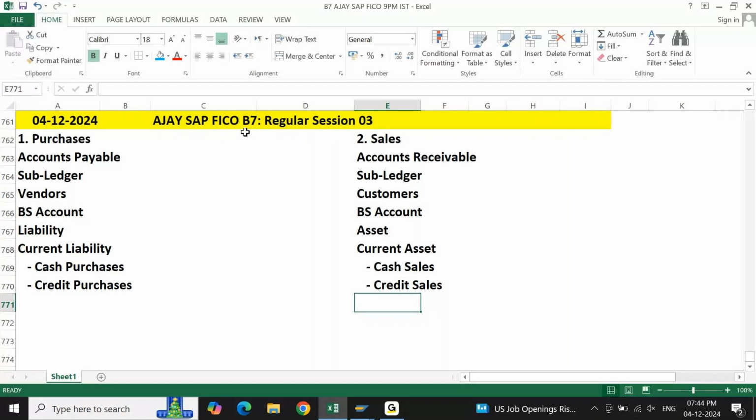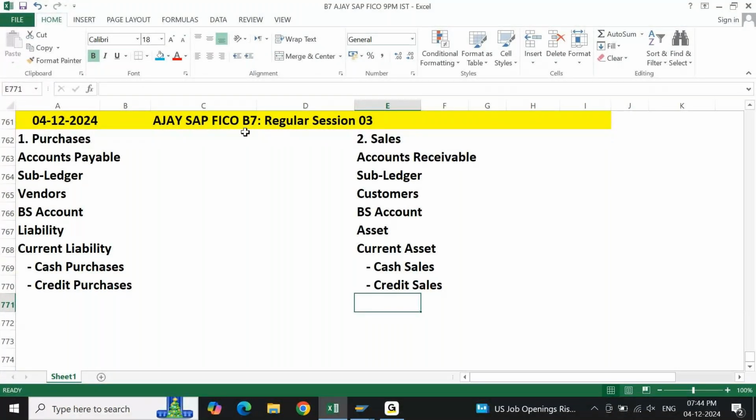Correct? Because only when you have a customer or vendor, there is a transaction. Agree? Without a customer, you cannot sell anything. Without a vendor, you cannot buy anything. Is my statement correct? Without a customer, you cannot sell a product to anybody. Without a vendor, you cannot buy a product from anybody.